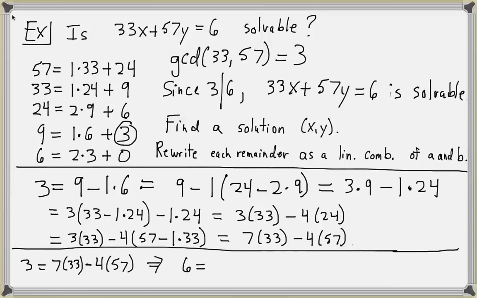And if I distribute the 2, that'll equal 14 times 33 minus 8 times 57. So the point 14 comma negative 8 is the solution.